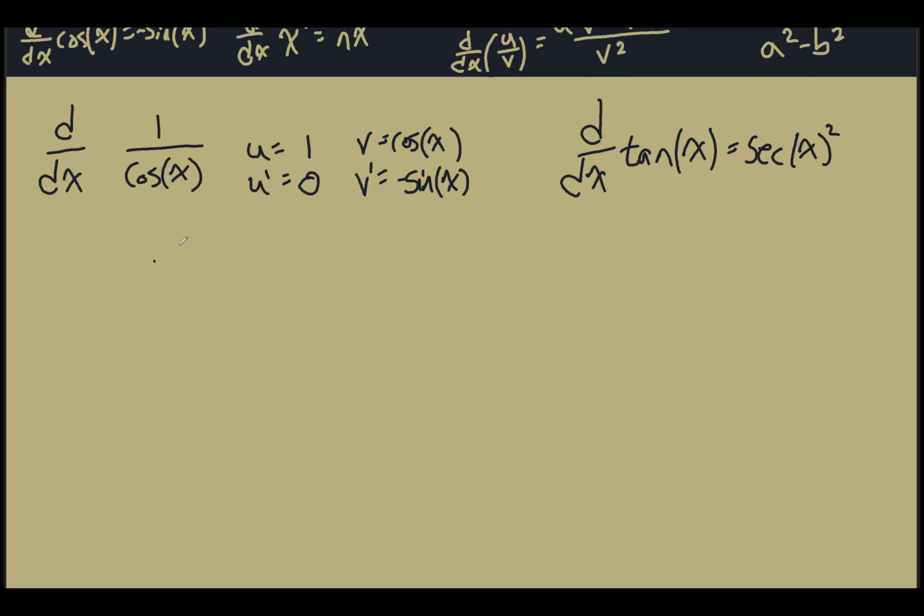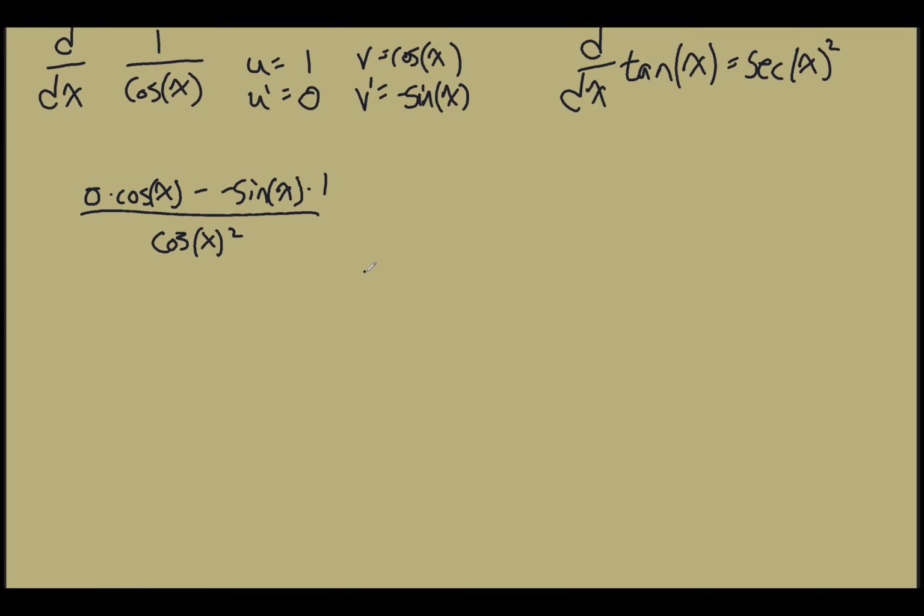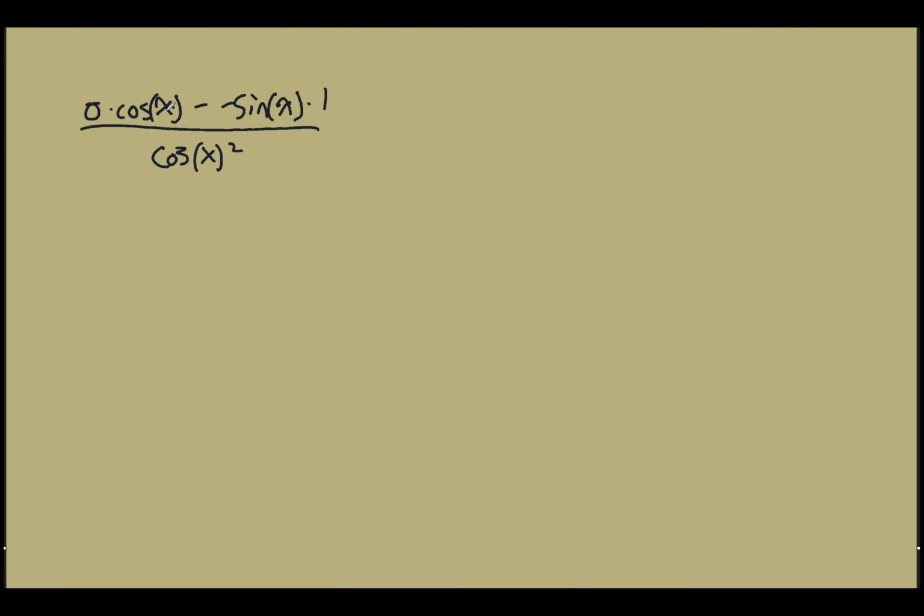So let's write it out. U prime v minus v prime times u all over v squared. Okay, let's condense it down a little bit, shall we? 0 times cosine is 0.